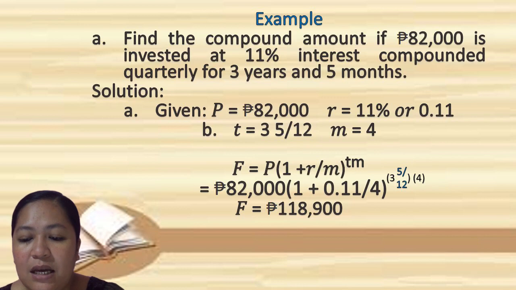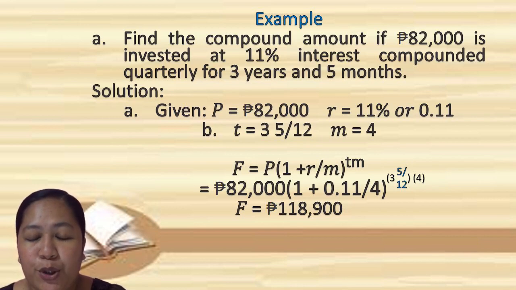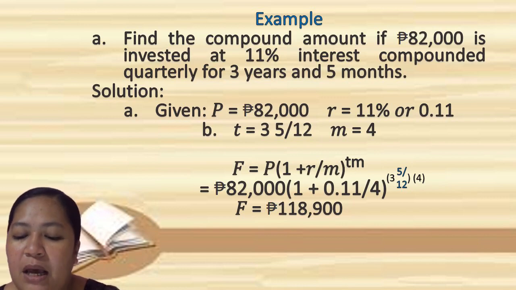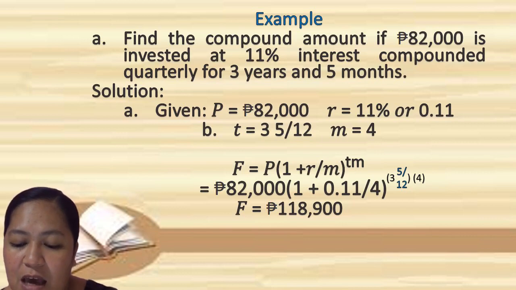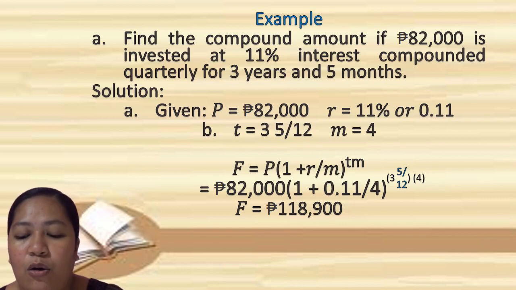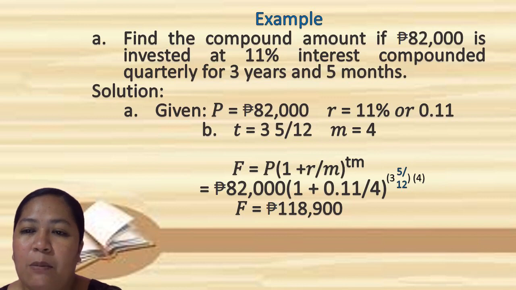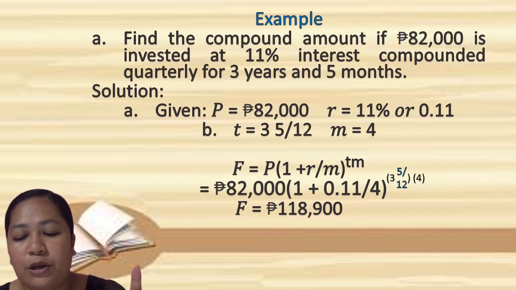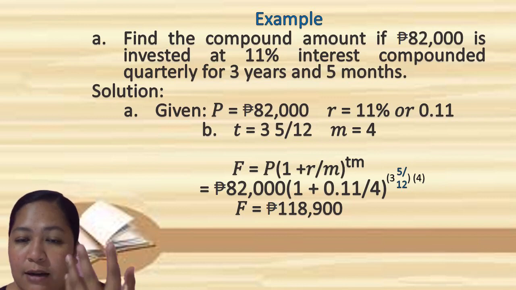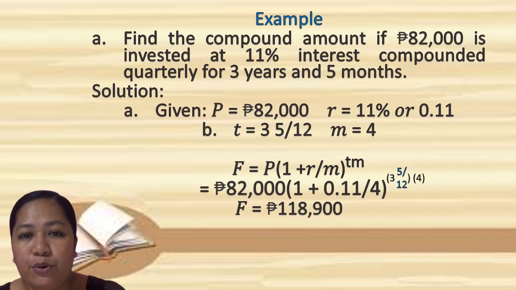The R here is the 0.11, or the rate, divided by 4, which is the M. Then this is not multiply, this is raised to the power of Tm. So again, the Tm is the time, 3 and 5 over 12, times 4. If you calculate it, that would give you the amount of 118,900.